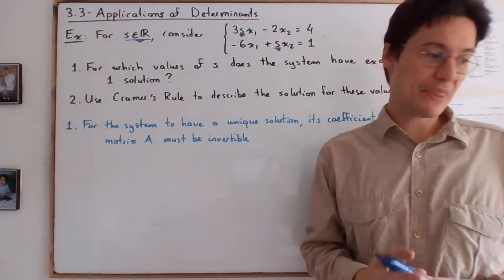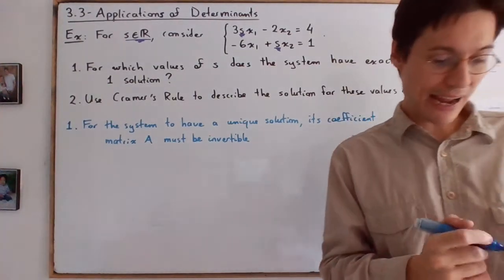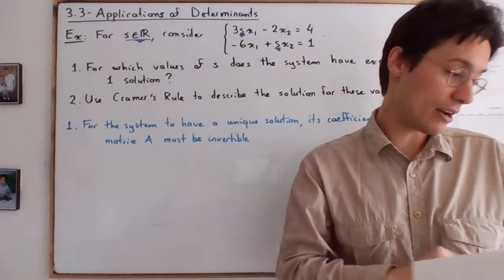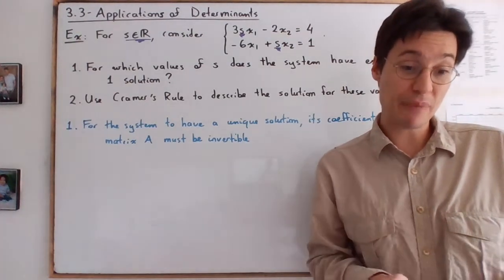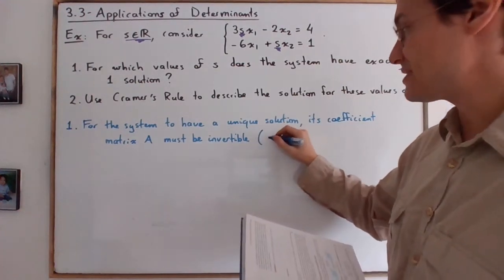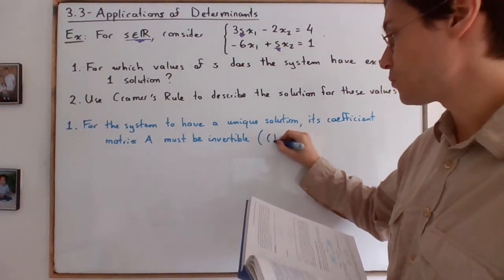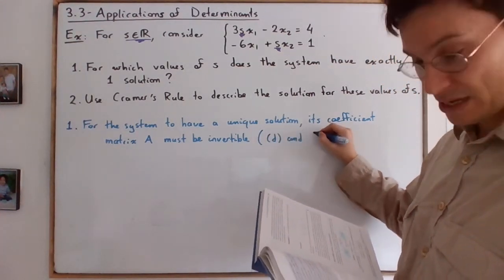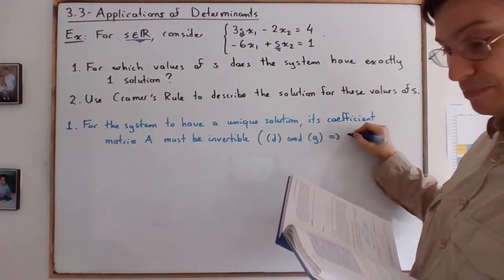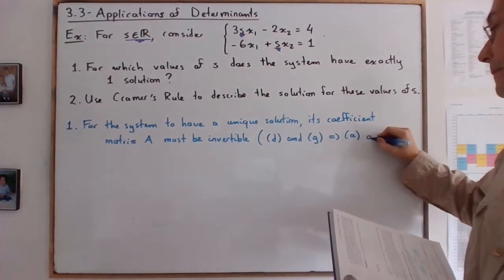This is part of the invertible matrix theorem. I could find it in our book, page 114. There you'll see a statement, D and G, implies A, of the invertible matrix theorem.